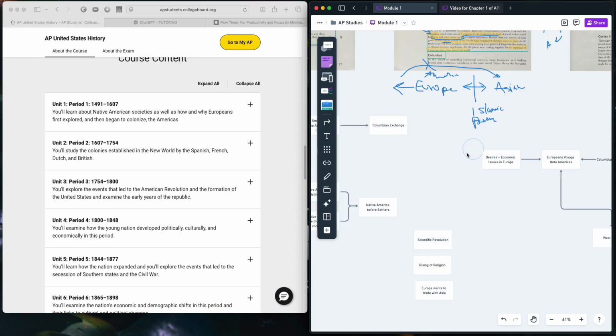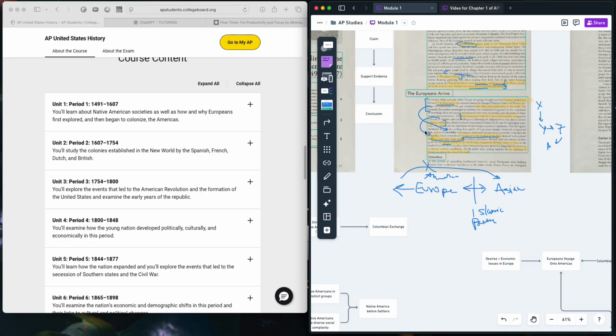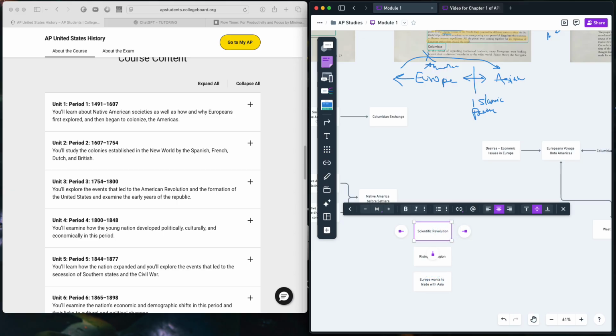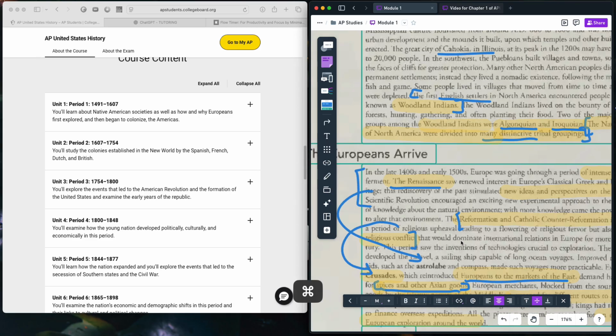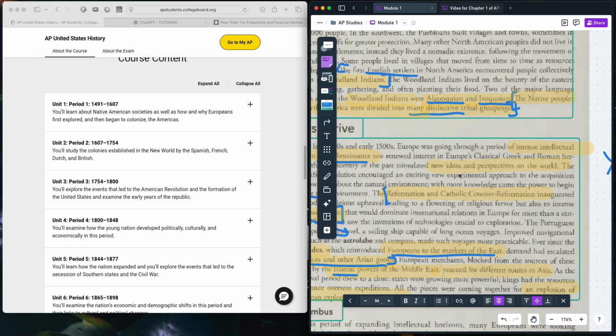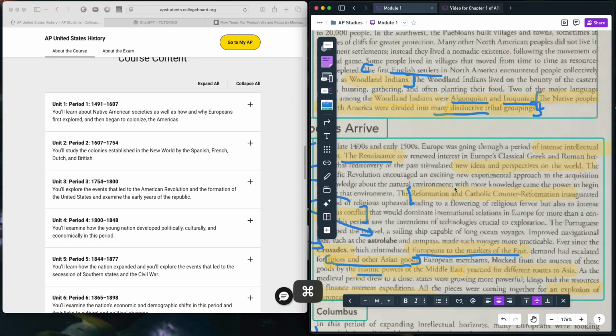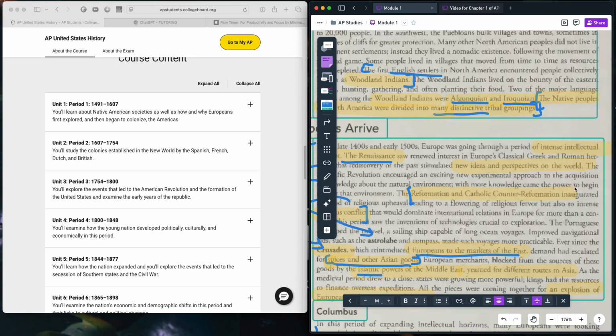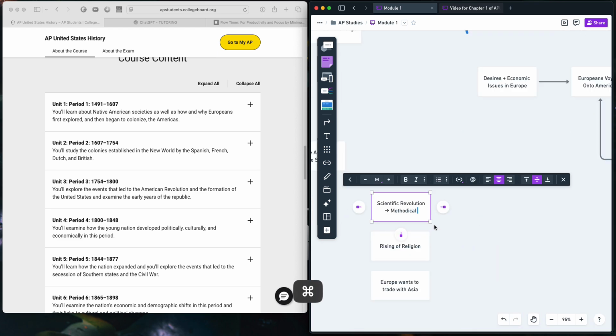So we notice what are the facts. The facts are like the astrolabe, the Portuguese, all these things. Here are the big ideas: scientific revolution, right? They're becoming more methodical, and wanting to change their environments. If you read that here, they said, exciting experimental approach to the acquisition of knowledge about the natural environment, and with more knowledge came the power to begin to alter that environment.